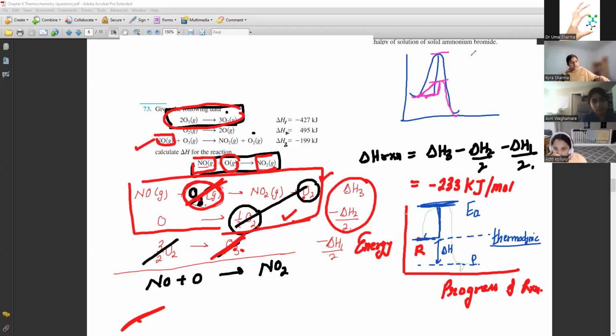Activation energy is related to the kinetic factor, kinetics. What is kinetics? How slow or fast the reaction is. And the energy of the product is thermodynamics: stable or unstable.